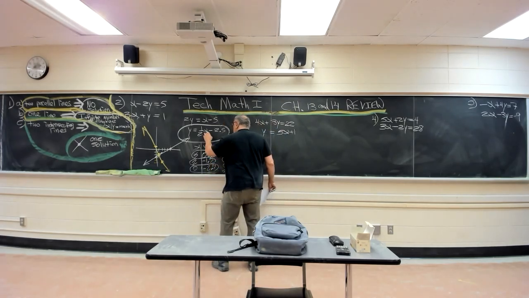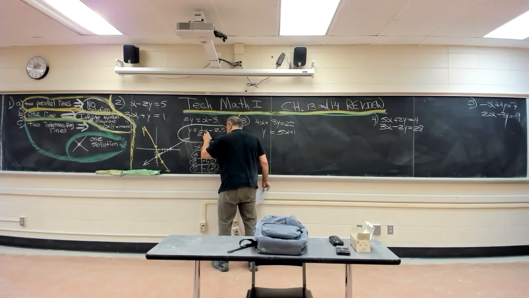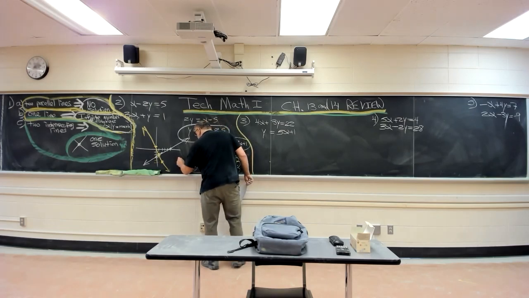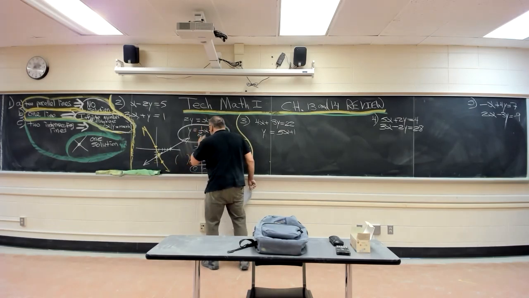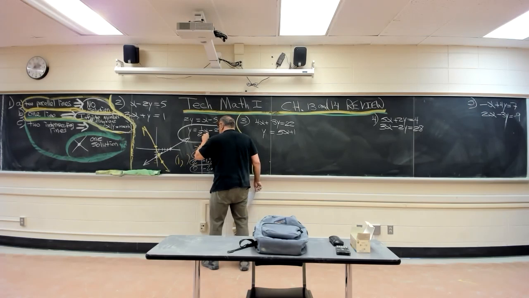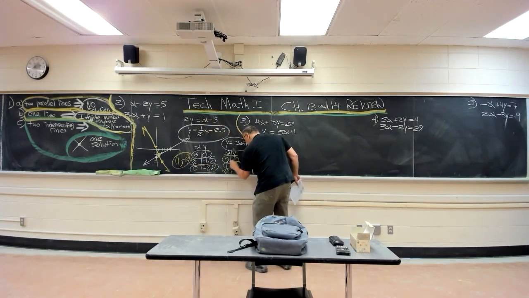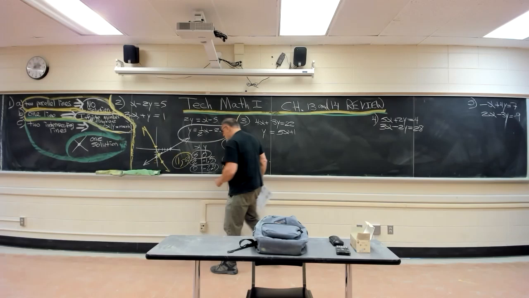If you put a 1 right here for x, 1 times a half minus 2.5 is negative 2. That's 1 comma negative 2. That's 1 comma negative 2 over there also. There's your answer.